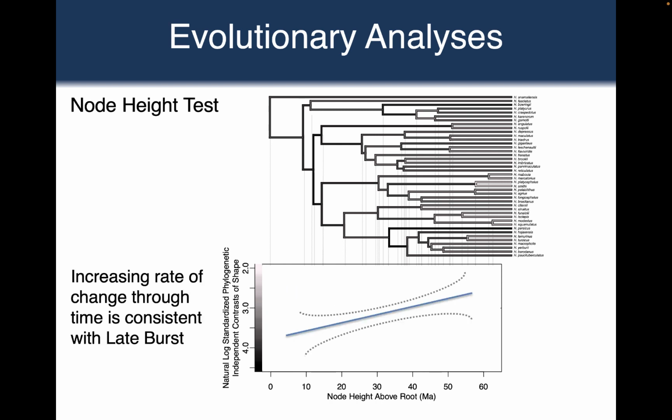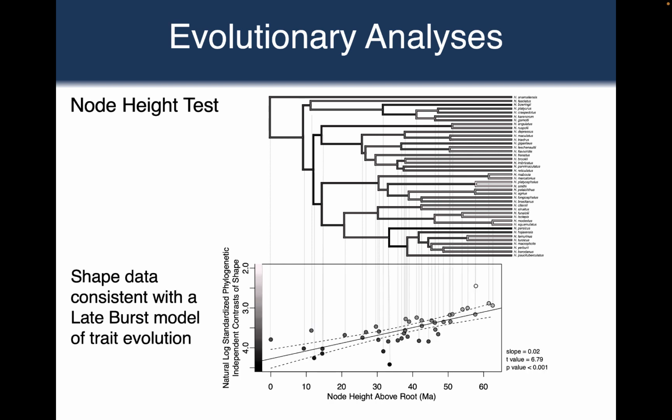Lastly, something that's not seen very often is a late burst model of evolution, where evolution was slower at the deeper nodes and faster more recently. Interestingly, for this data set, we saw a late burst model of evolution, or at least our data is consistent with a late burst model of evolution, whereas we found really slow rates of shape evolution early in Hemidactylus and much faster rates later, more recently in Hemidactylus, which is kind of a really weird pattern.